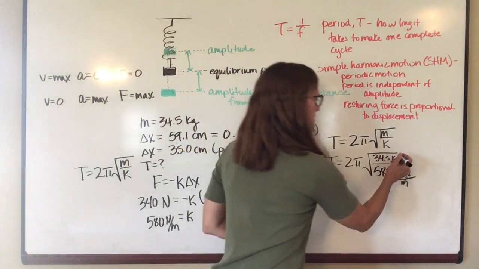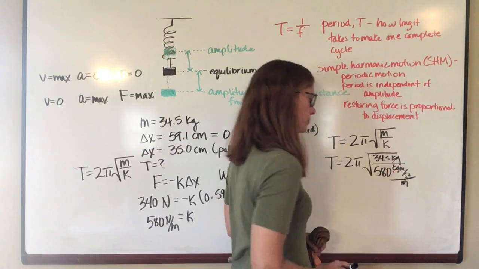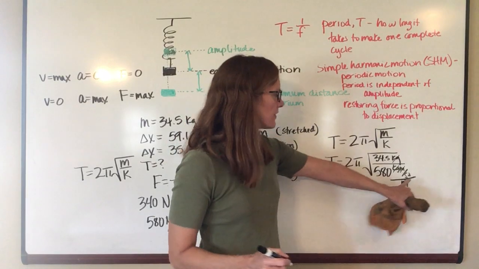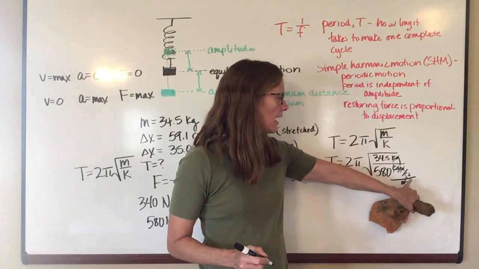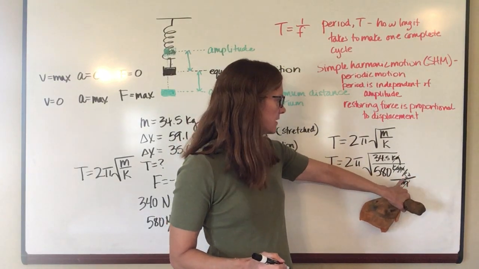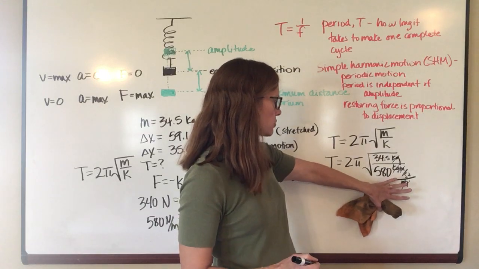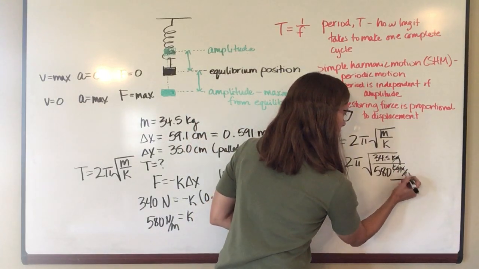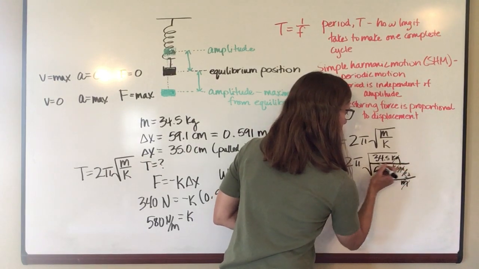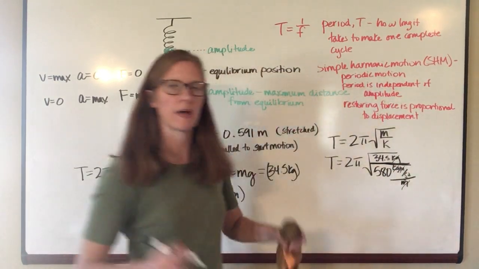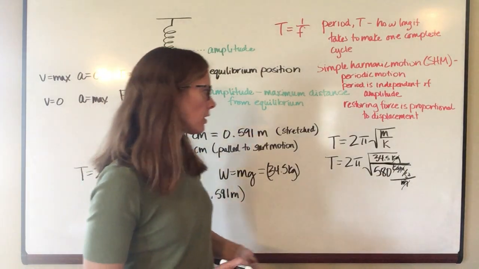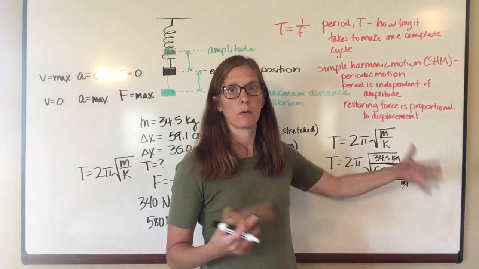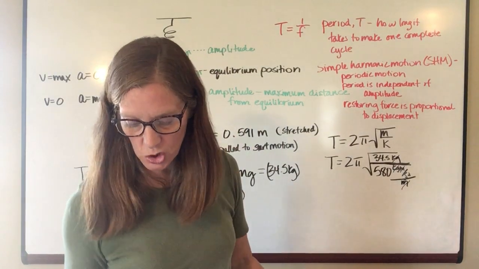When I look at this, my kilograms both cancel out, my meters both cancel out, and then I have seconds squared in the denominator, and so that's actually going to flip over because it's in the denominator twice. It's in the denominator here, and it's in the denominator because of this denominator right here. That's going to flip it over, put it in the numerator, and when I solve that, it's the square root of seconds squared, which is going to give me seconds, which is what I should have.